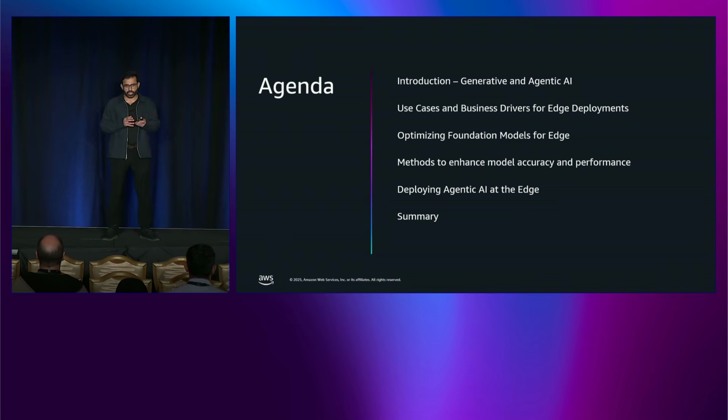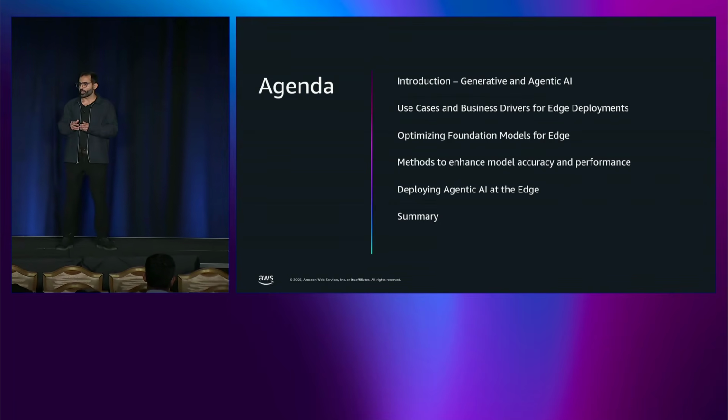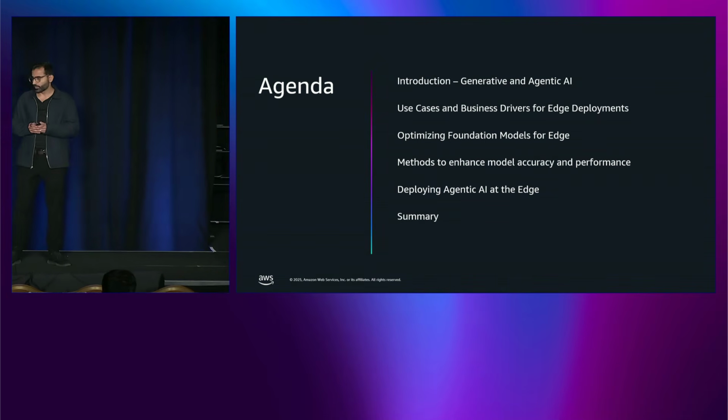We have an exciting agenda lined up for you today. First, we're going to start by unpacking what we mean by generative AI and agentic AI. Next, we'll talk about some of these use cases that are already driving tangible business value for our customers. And then building on that foundation, we'll talk about how you can optimize pre-trained models to run efficiently at the edge.